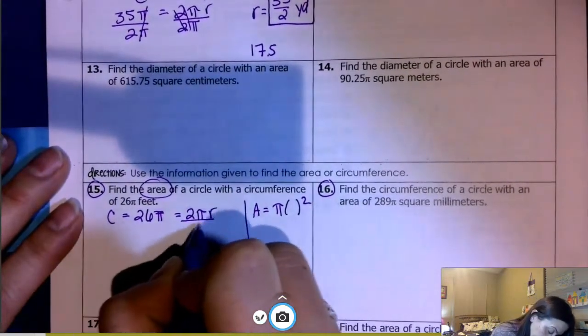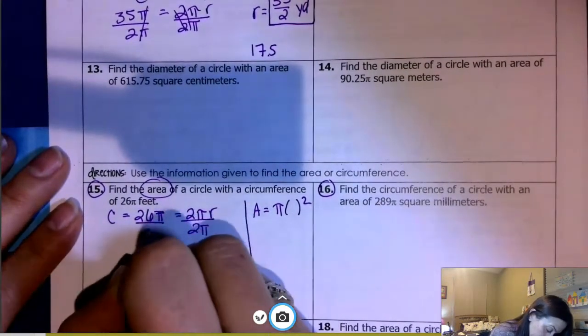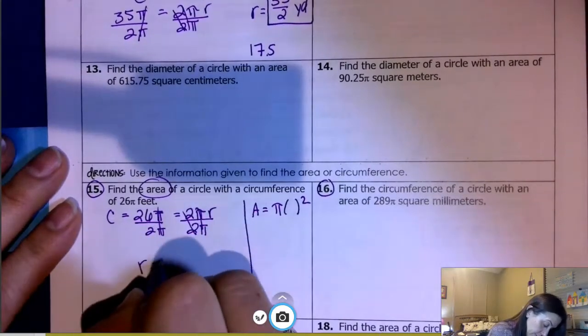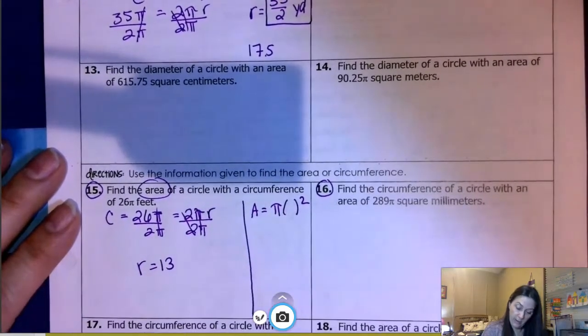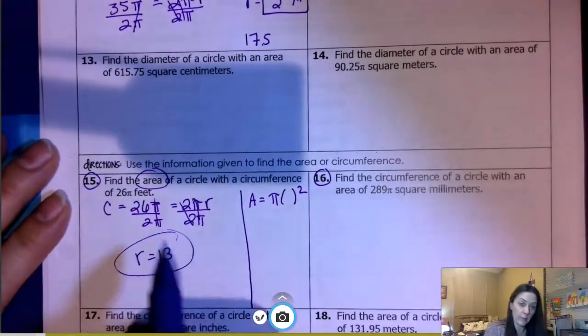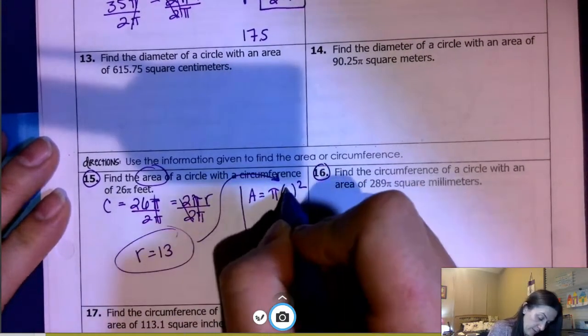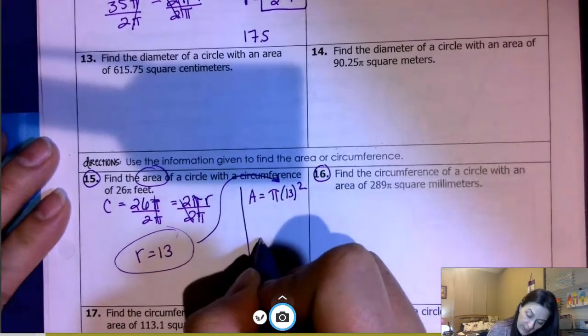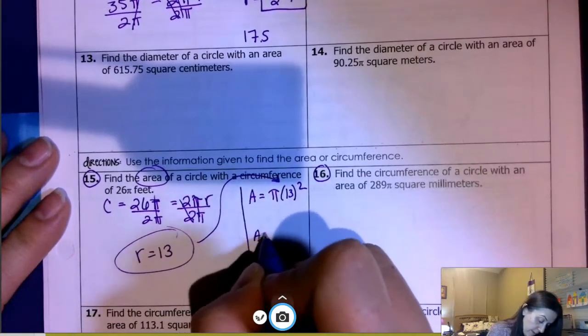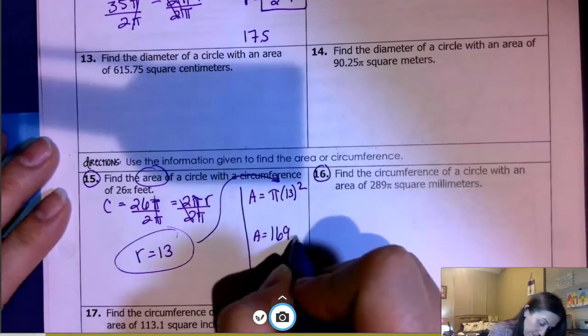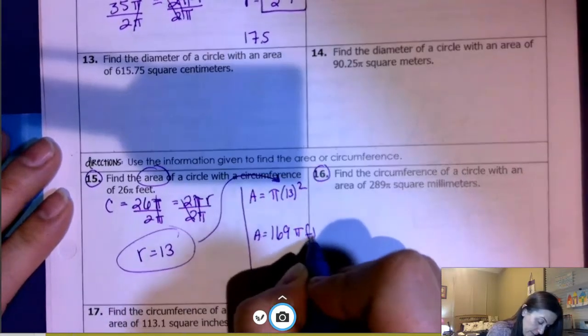I'm going to divide both sides by 2 pi. I'm going to end up with r equals 13. Okay, so that's step number 1. Once I know what r equals, because that's what I need, I'm going to plug it in here. Squared, I get that my area is 169 pi feet squared.